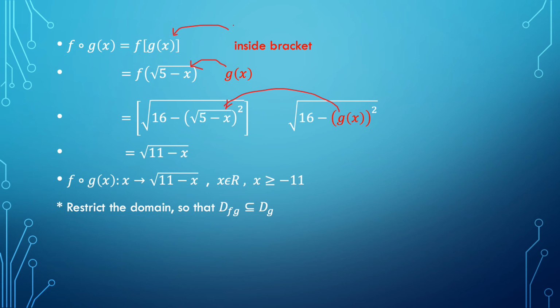Therefore, the composite function f of g: x maps to square root of 11 minus x.